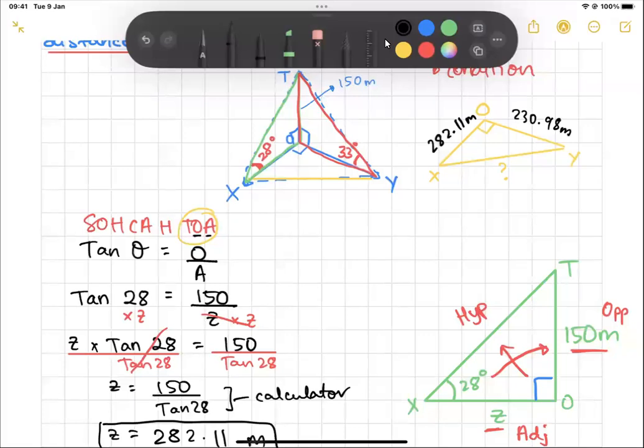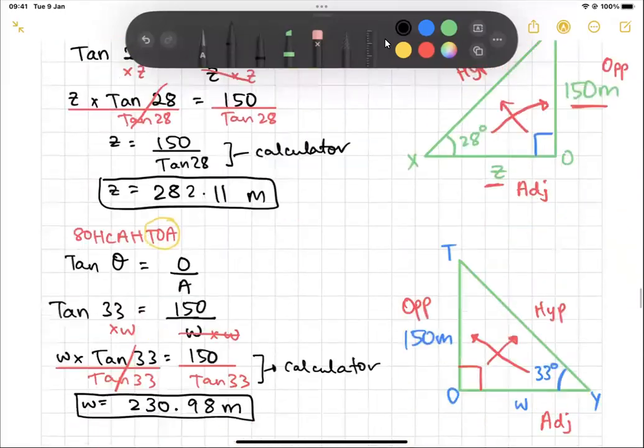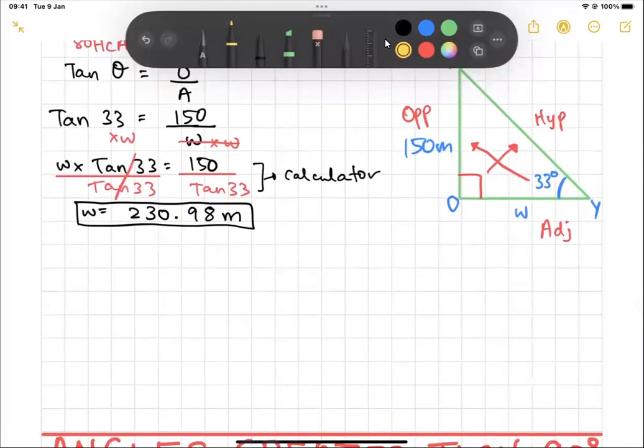Therefore, I can find my XY. So this here is my diagram. It's not perfect, but whatever. I know that this one here is 282.11, and this is 230.89. Let's call this one T. XY equals T. This looks like a Pythagoras theorem, right? No degrees, nothing.